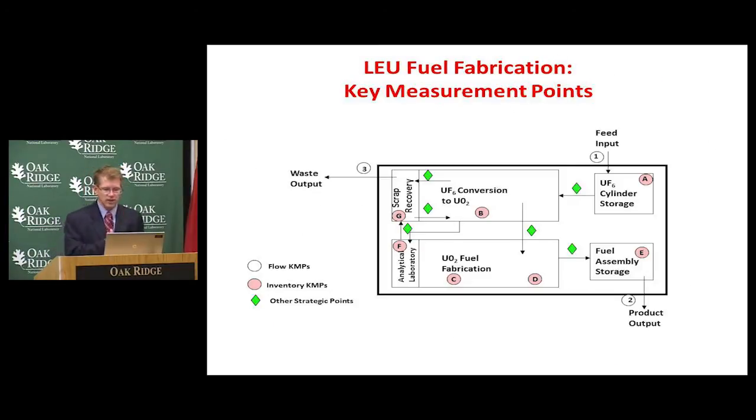So one of the ways they do this is dividing the plant up into material balance areas and identifying key measurement points where either the material crosses the boundary of these material balance areas or is in a form where it can be inventoried within that material balance area on a specified frequency.